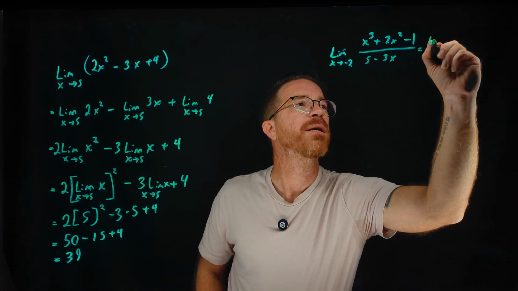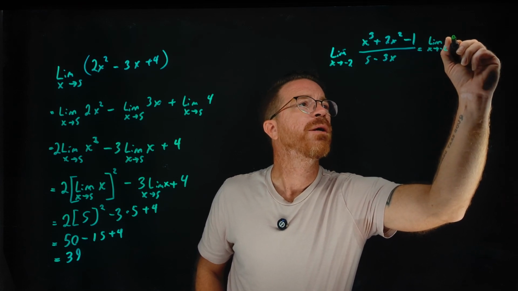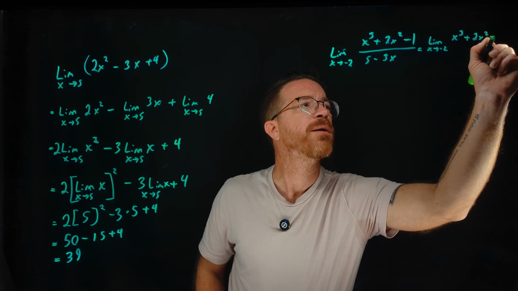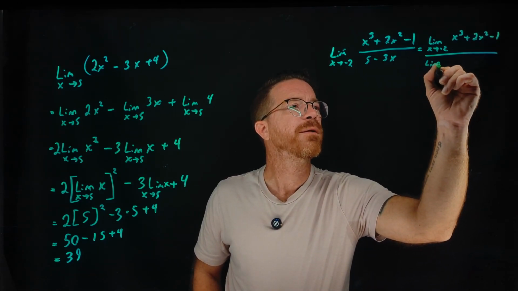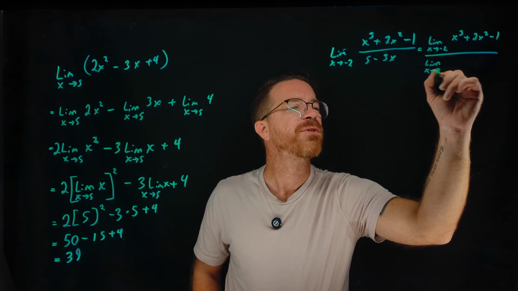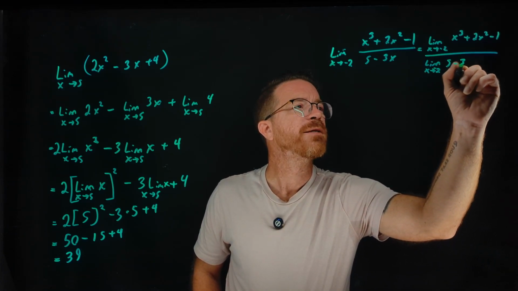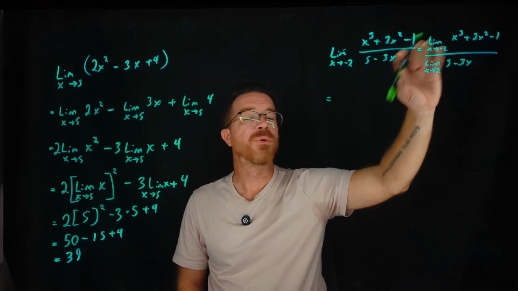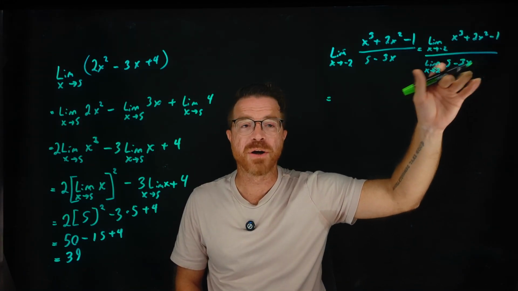So this is going to be the limit as x approaches negative 2, x cubed plus 2x squared minus 1, divided by the limit as x approaches negative 2, 5 minus 3x. Then I'm going to take that limit and apply it to every single function within our numerator and denominator.